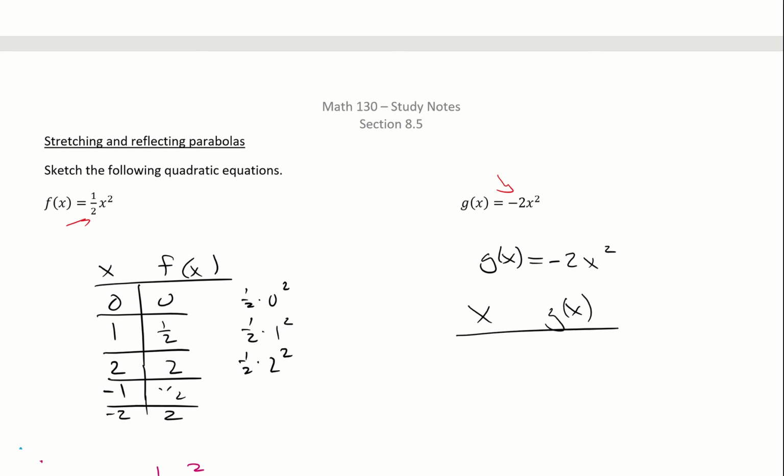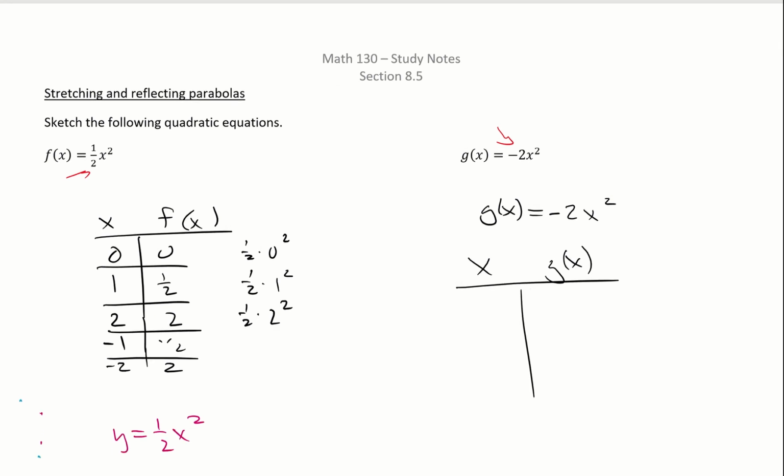Some of you do have a memory of this, maybe from high school. Again, 0, 1, 2, -1, -2. Let's see what happens. -2 times 0 squared is still 0. So you still have that low point, or is it a high point? Look what happens here: -2 times 1 squared, 1 times -2, now we're at -2.